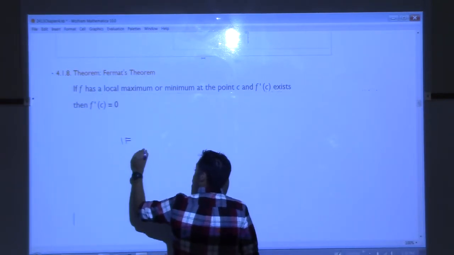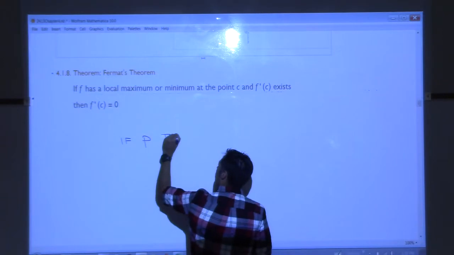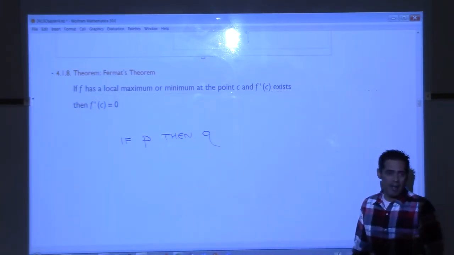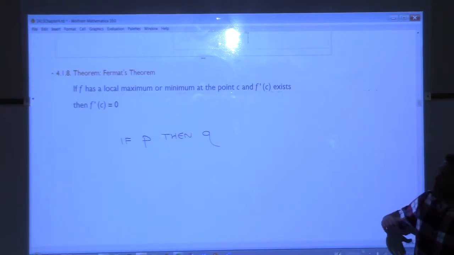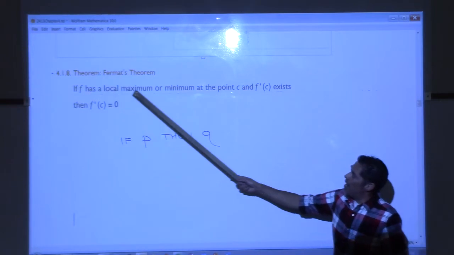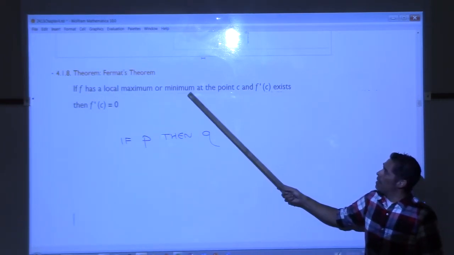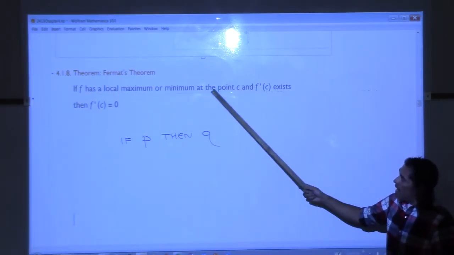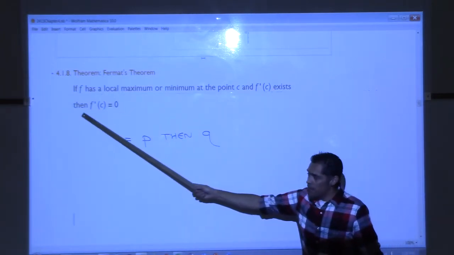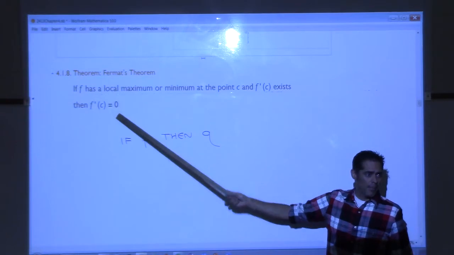But if I have a statement like if P, then Q, that's some statement that I could have. In this particular theorem, what we're saying is if your function has a maximum or minimum, right, and the derivative exists at that point, then this is true, right?